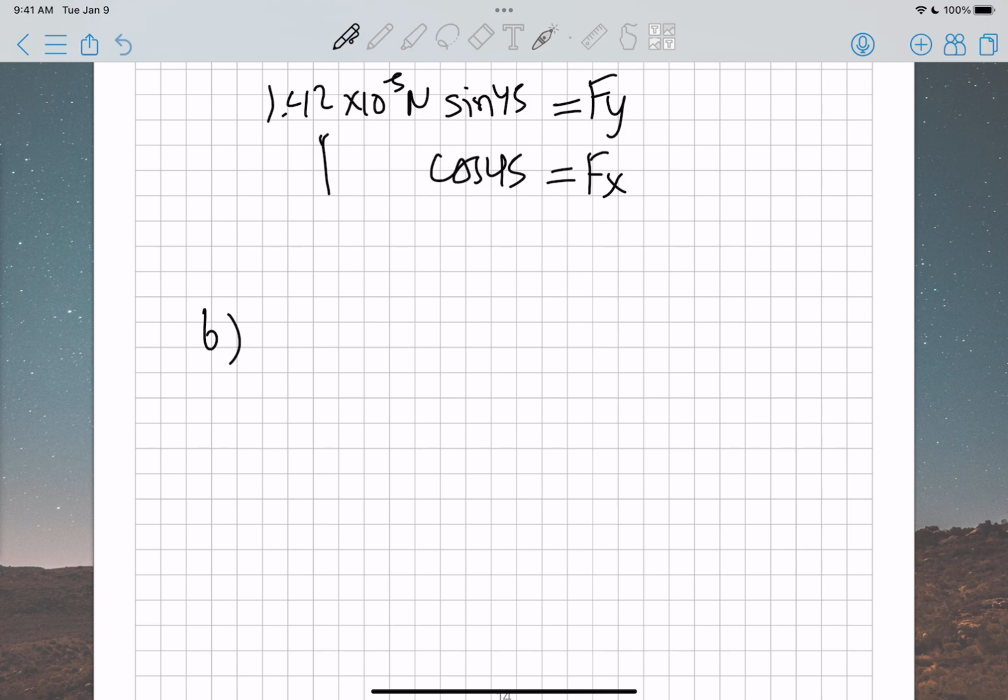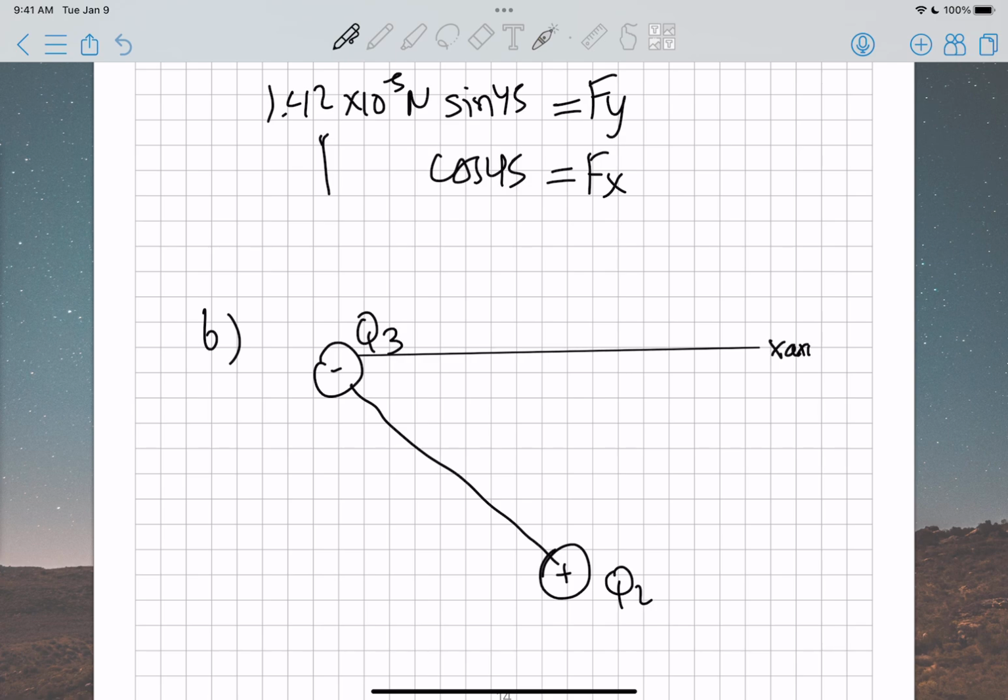Q3 is negative, Q2 is positive, so here's Q2, Q3. There's the axis between them, and this forms with the x-axis here. And they're looking for this angle, phi. They know that this is 3 centimeters and this is 1 centimeter, and this is the same here, 3 centimeters and 1 centimeter.